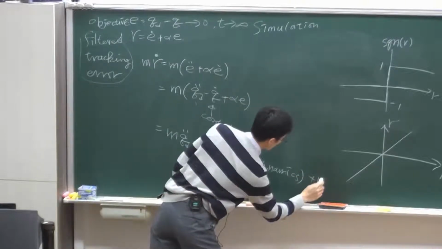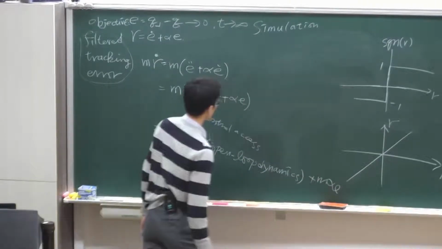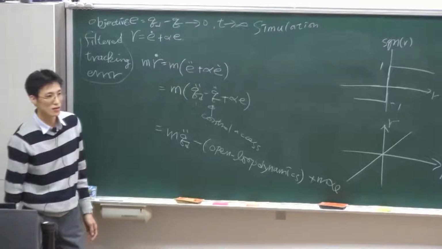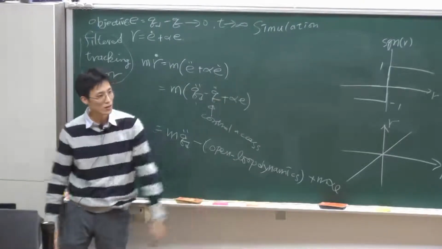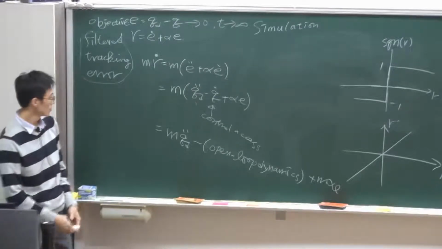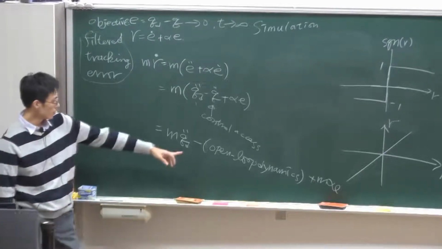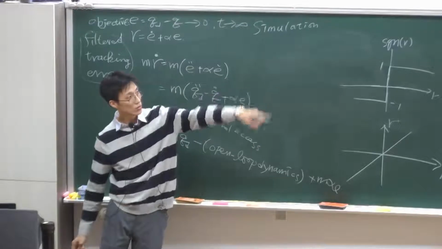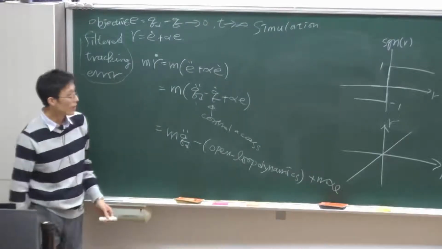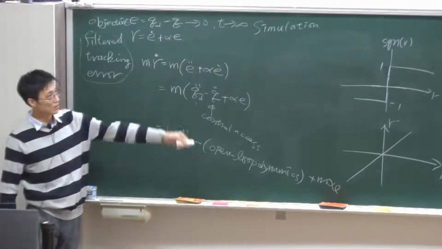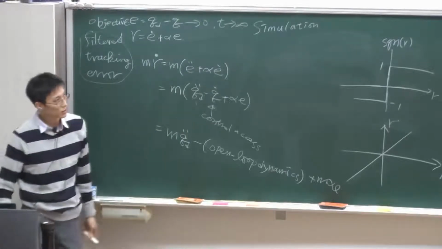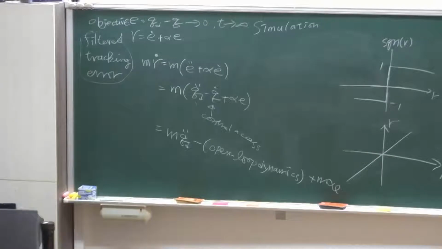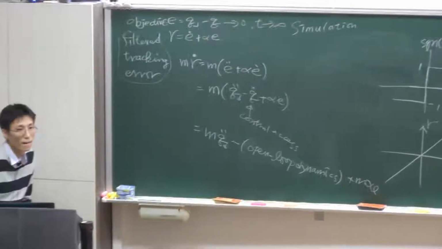Plus M alpha E. Okay? Do you understand? And the open loop dynamics is the top one. Then in here you can see the control input tau. And this is the same as this second equation, the number 2 equation. Okay? Same as this.